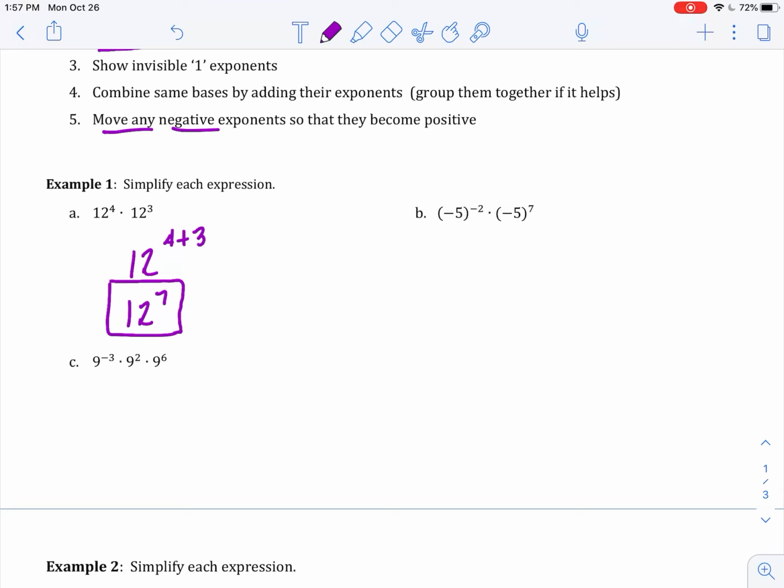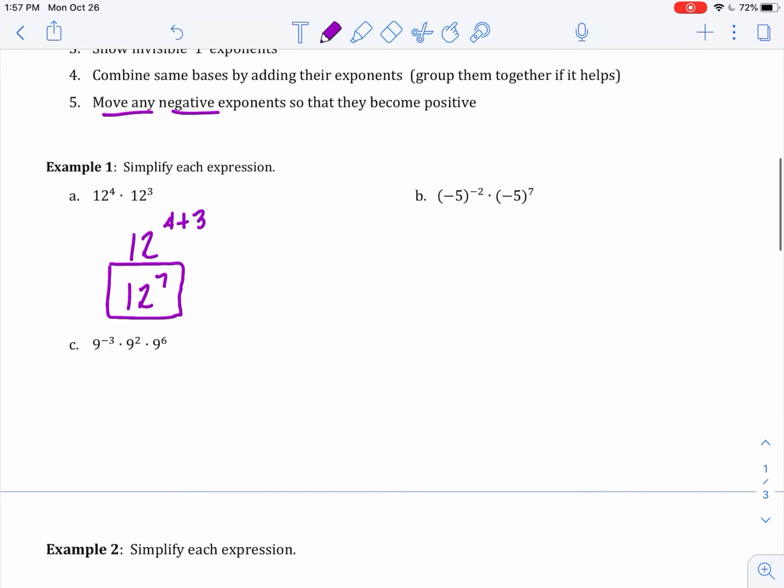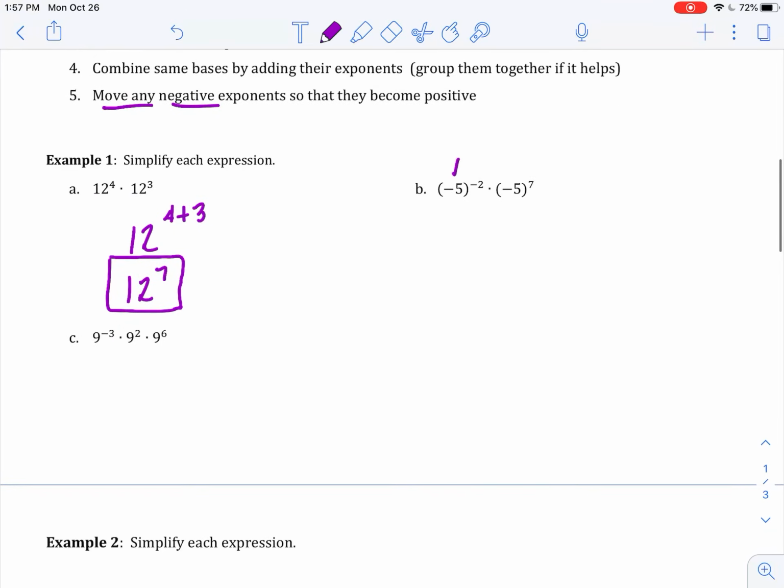In the next one, we have a negative 5 raised to the negative 2 power, and we have negative 5 raised to the 7th power. So again, we have like bases. Our bases are negative 5 in both of these, right? This is a negative 5, this is a negative 5. So we have like bases that we're trying to multiply together. Keep the like base the same. We have negative 5.